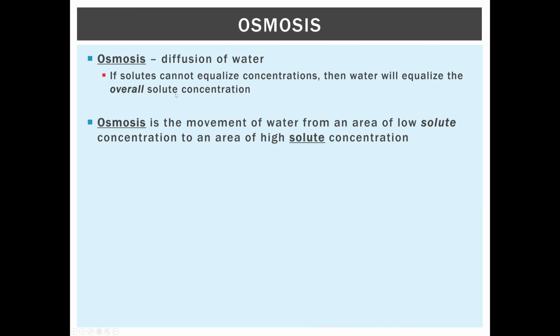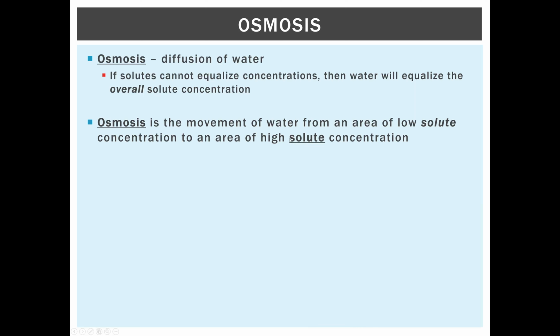And the term osmosis, again, this is the diffusion of water. And it technically is the movement of water from a high water concentration to a low water concentration. But you need to start thinking of osmosis in terms of solute concentration, because that is what is going to help you in many different chapters to come in A and P. So think of osmosis as water moving from an area that has low solute concentration to an area that has high solute concentration.